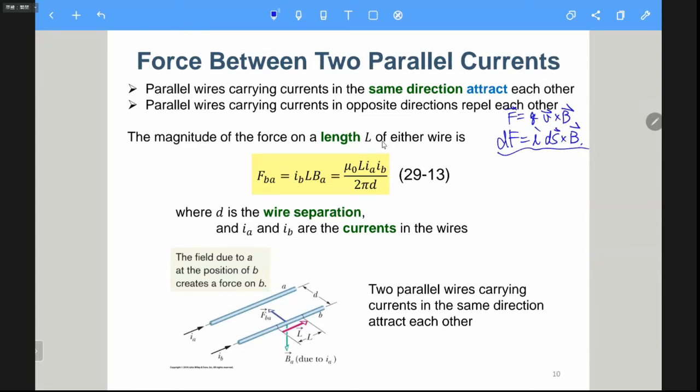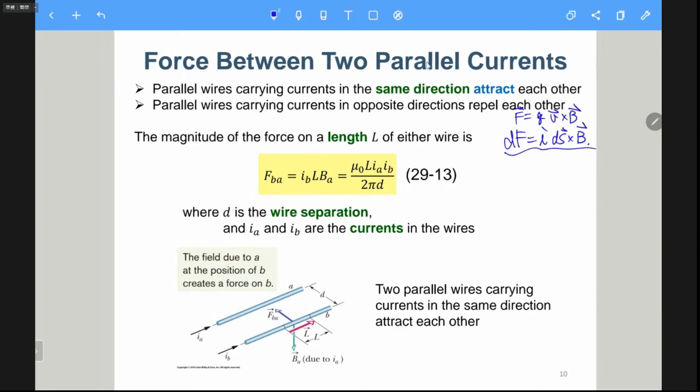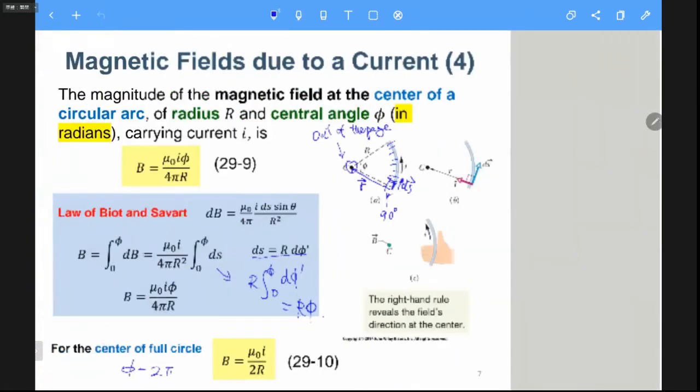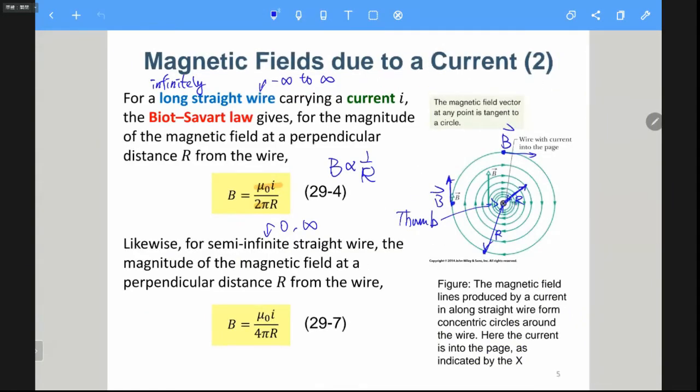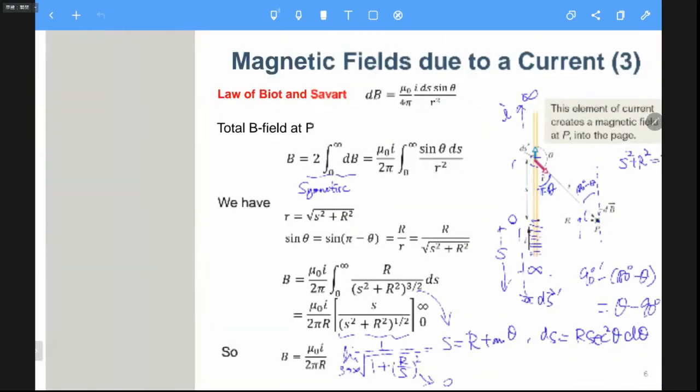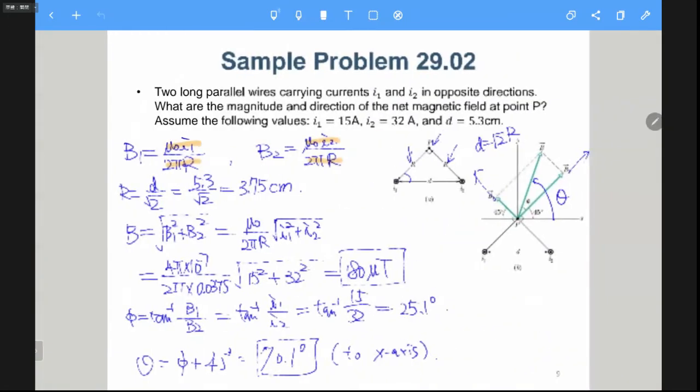So here, if we have two currents in parallel, according to the previous discussion, a straight wire carrying current will generate a B field. If we have another current placed here, then of course this current is in the magnetic field generated by the first one. This means that with two currents in parallel, no matter the direction of the current, there will be a force attracting or repelling them.